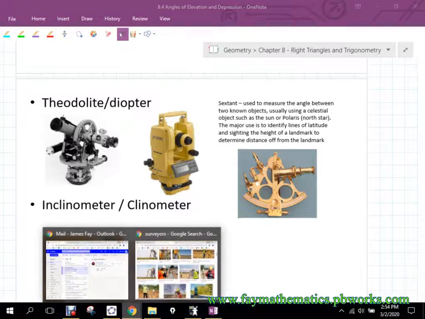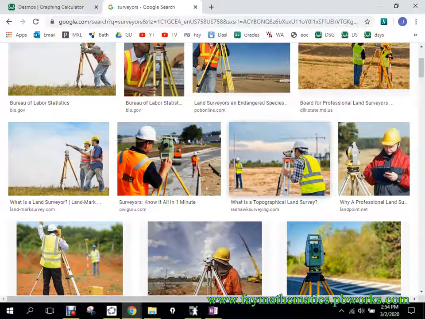Usually with that one, you'll see this second guy here with markings on a stick, and basically he's seeing those things through that eyepiece. Sometimes those things have reflectors on them. A laser is sent from this one, hits that one, and comes back.